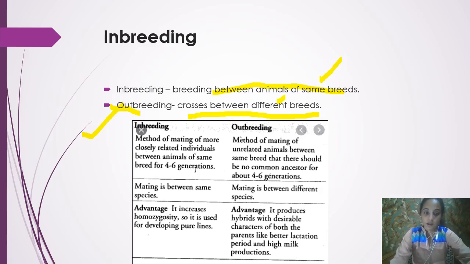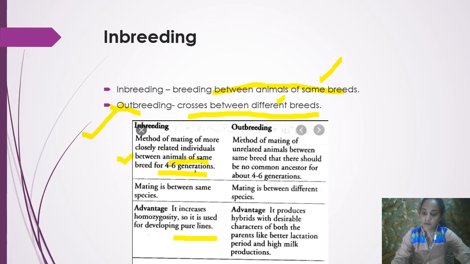The first one: the method of mating of more closely related individuals between animals of the same breed for 4 to 6 generations. So the word has come here, that is the same breed. And how long can they do the inbreeding? At least for 4 to 6 generations. And if you inbreed for this much time, then what is the product obtained? The product obtained is called a pure line. What do you mean by pure line?